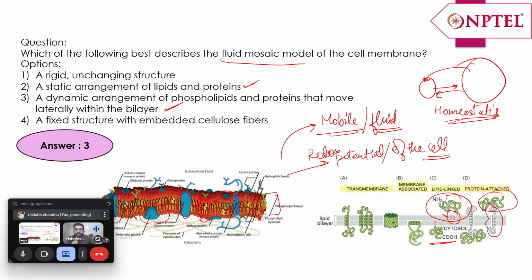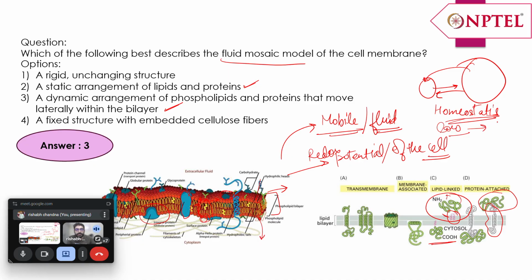These lipid layers, this cell membrane actually have a fluid nature. If we talk about the temperature here, if the temperature is low or it's cold outside, what happens to maintain the structural integrity and the components of the cell?